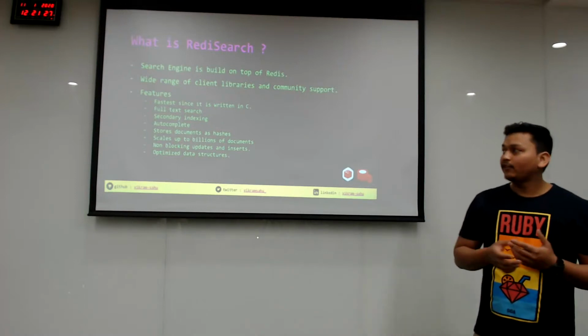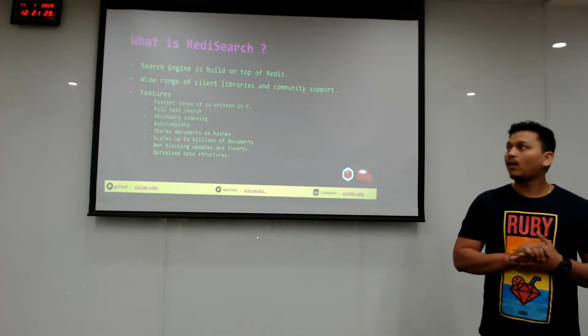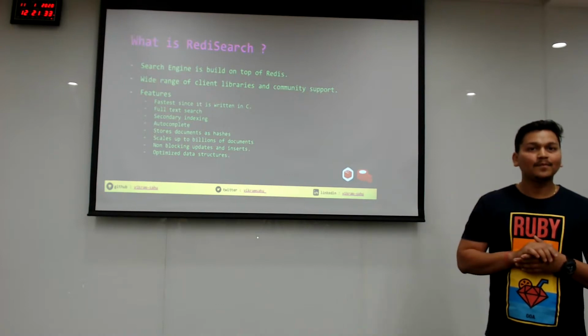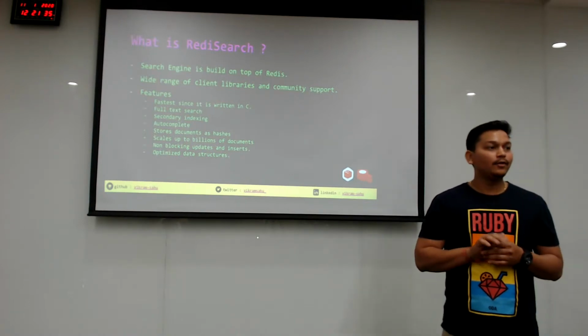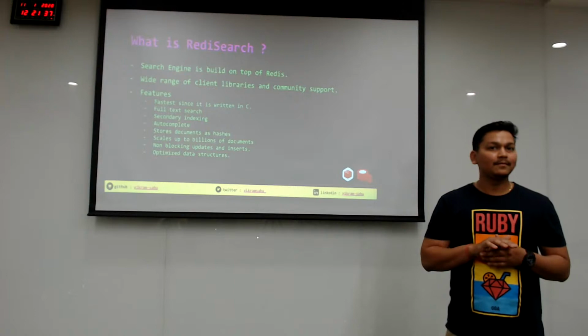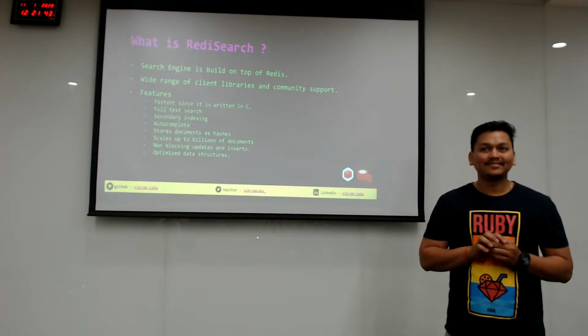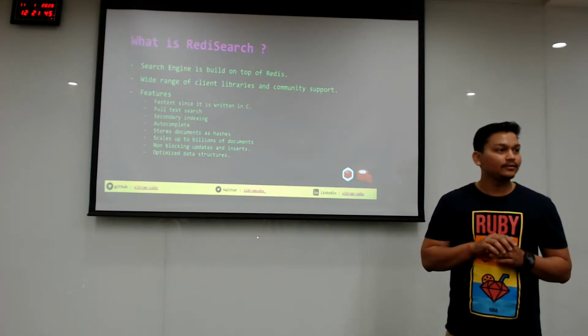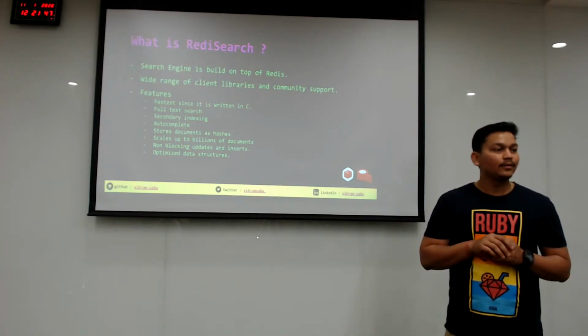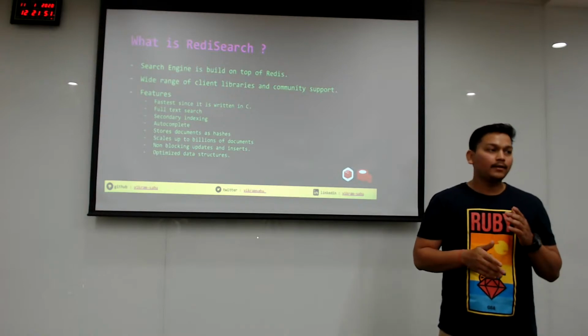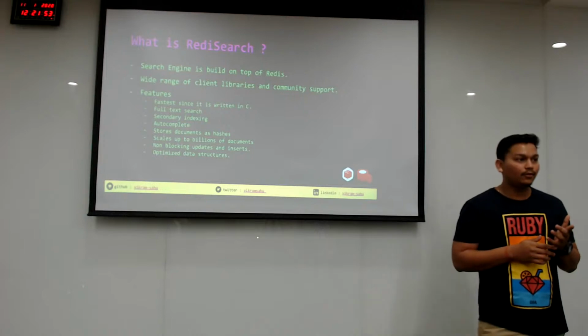Source documents as hashes. Guys, does anyone know hash? One-way function. Hashing is a unique value of the data; that is one kind of hash. In Python, what is hash?